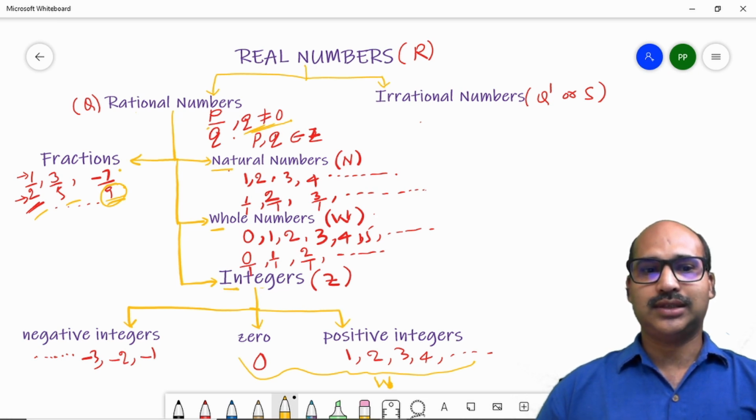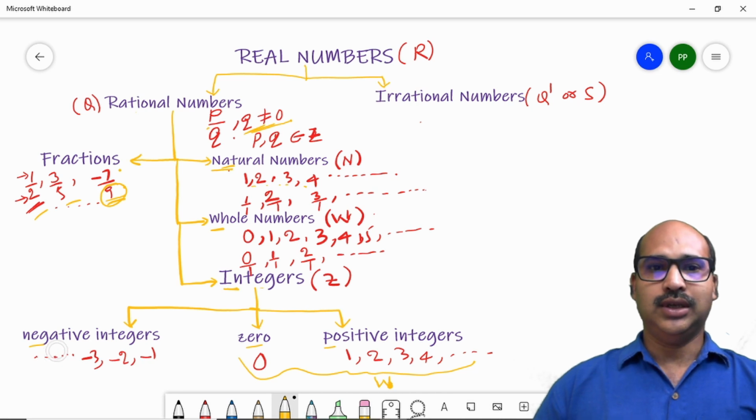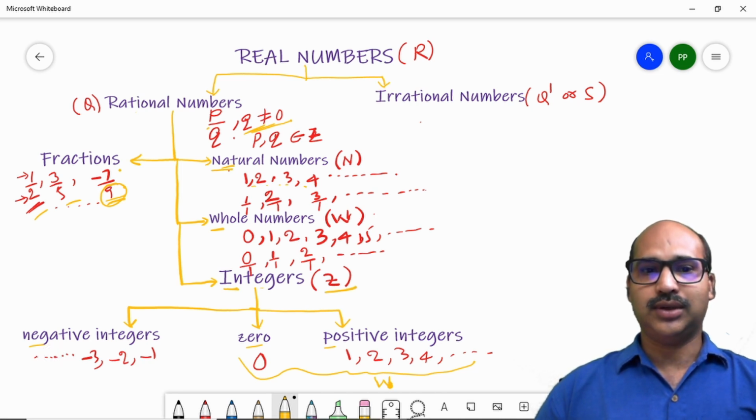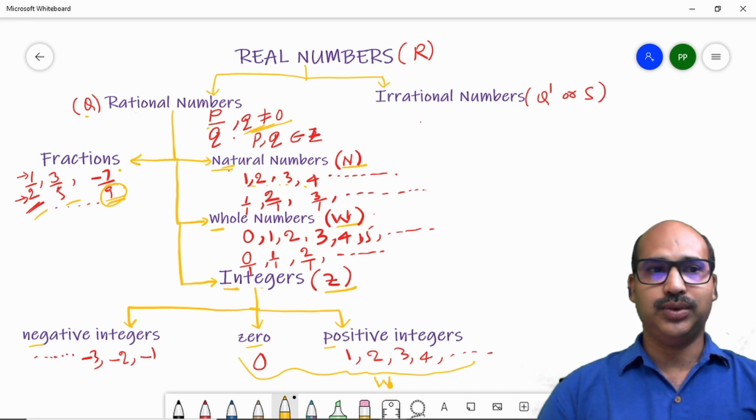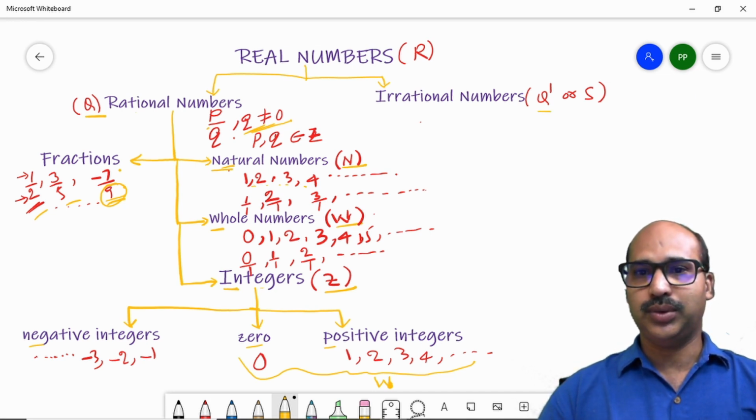Integers are 0, positive integers, and negative integers. Natural numbers 1, 2, 3, 4 can be written as 1 by 1, 2 by 1, 3 by 1 in the form of P by Q. Whole numbers are 0 plus natural numbers. Integers are whole numbers plus negative integers. Integers are represented with Z, whole numbers with W, natural numbers with N, rational numbers Q, irrational numbers Q dash or S, and real numbers R.